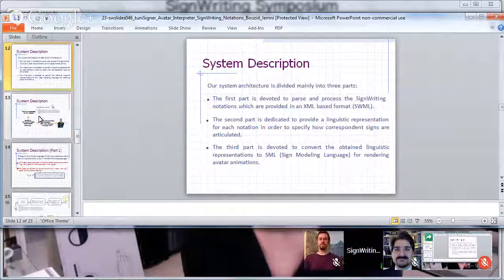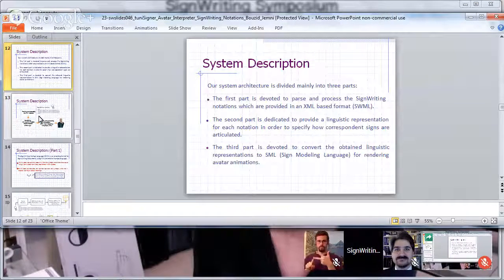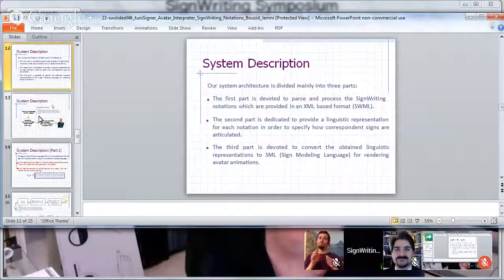Our system architecture is divided mainly into 3 parts. The first part is devoted to parsing and processing the SignWriting notations, which are provided in an XML-based format, SWML.